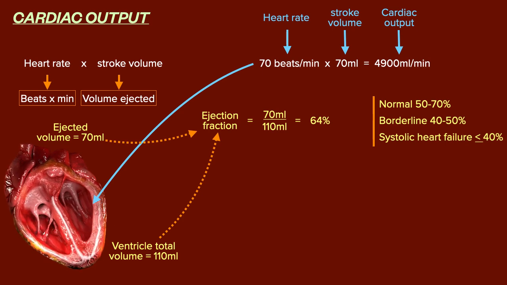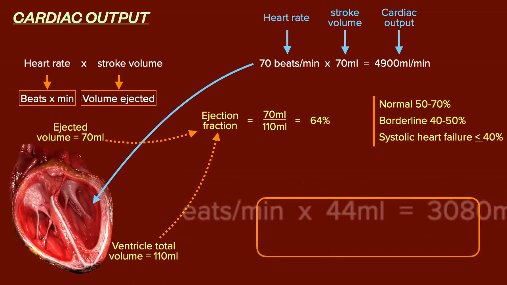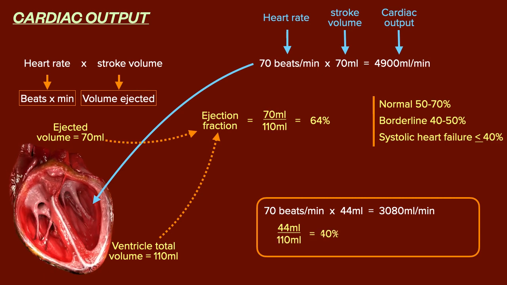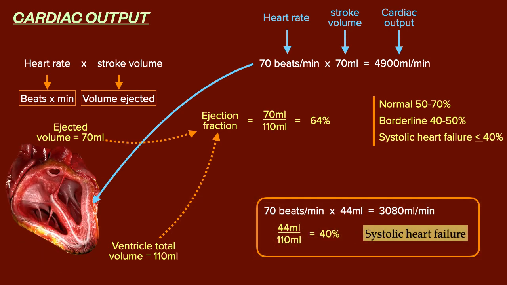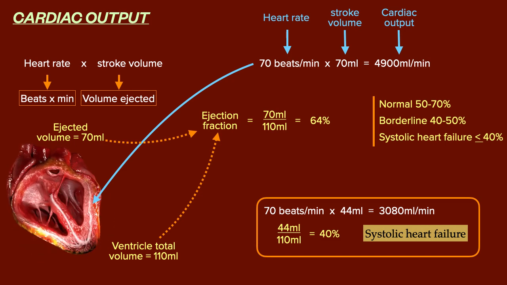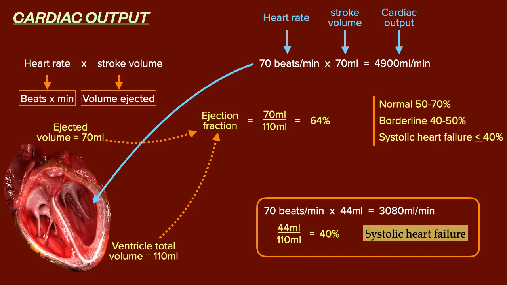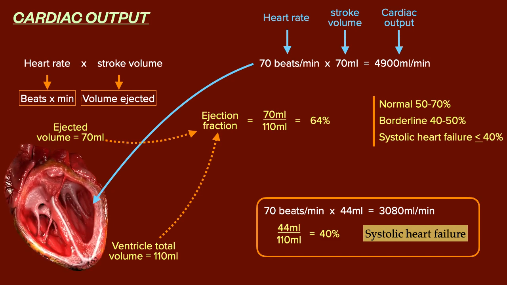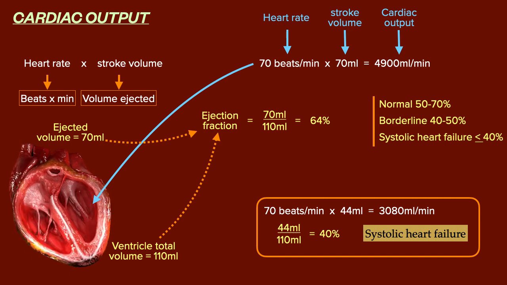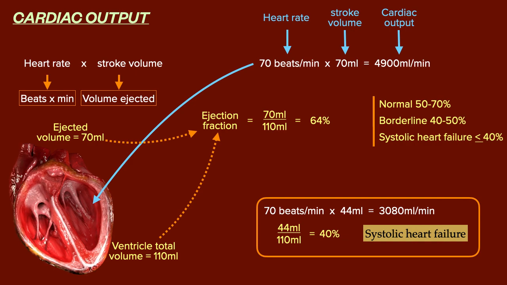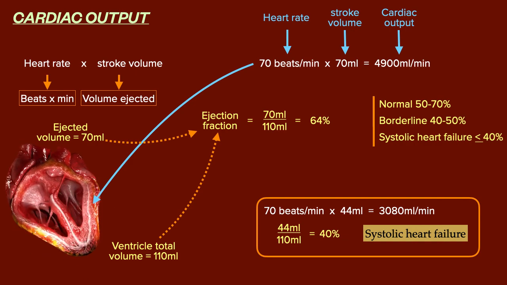So, in our example, if the total volume of the left ventricle was 110 milliliters, but we have a patient that only has 44 milliliters pumped out in each beat, then 44 divided by 110 milliliters gives us 40%. And we would say that this person is in systolic heart failure.